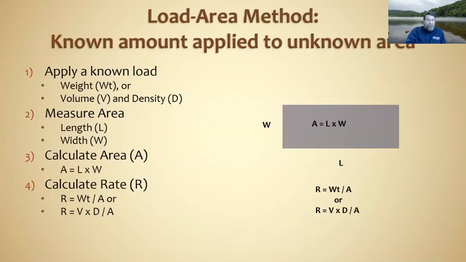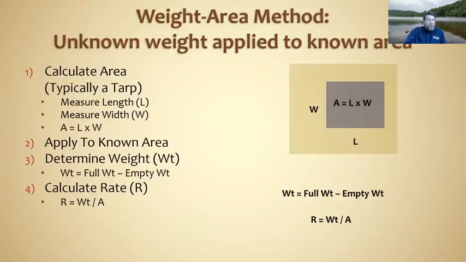Hopefully the examples will fit a little better. With the load area method, you can see the steps there. I'm going to skip through those steps because I'm running short on time. But what you end up with is a rate, which is a weight per area result.